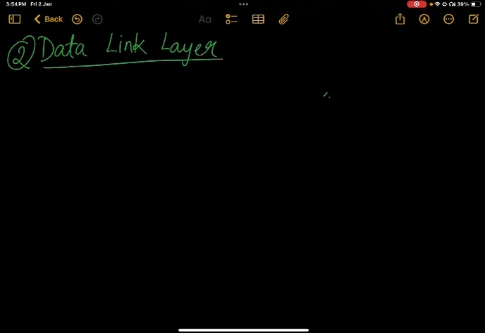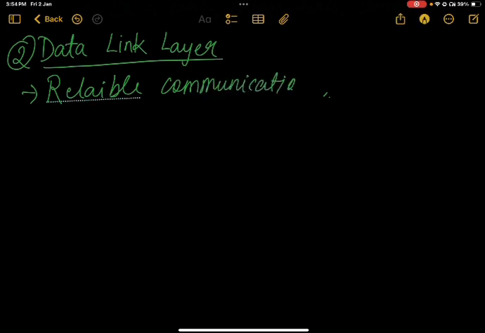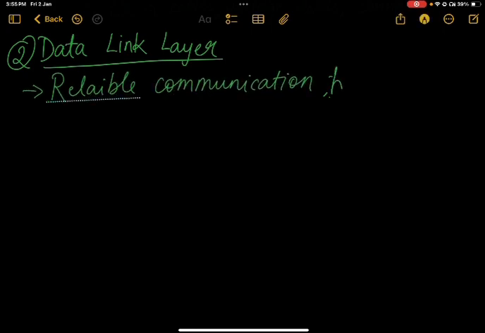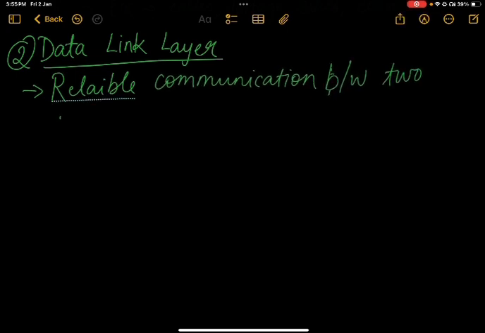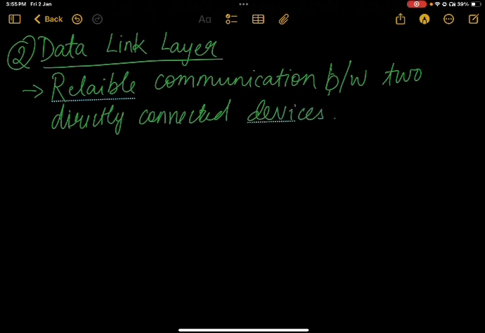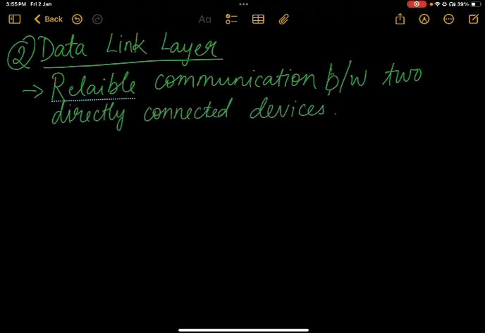The data link layer ensures reliable communication between two directly connected devices. It converts raw bits into frames and performs error detection and correction.